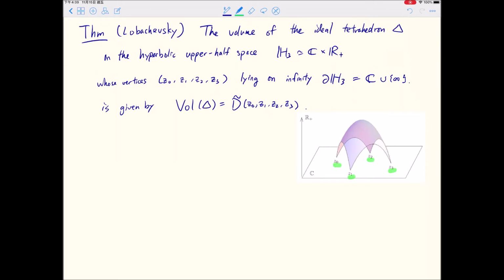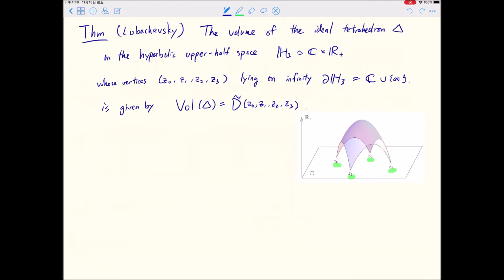And then the edges between each pair of points will be a geodesic in the hyperbolic metric. A geodesic here will be a portion of a circular arc. So this will span a 3D solid, and you can calculate the volume under the hyperbolic metric, and the volume is exactly given by this Bloch-Wigner function.